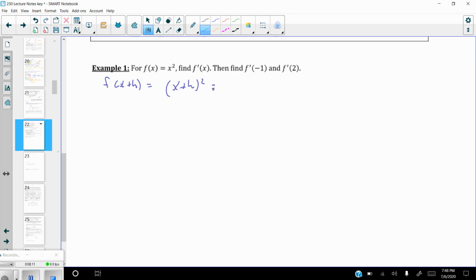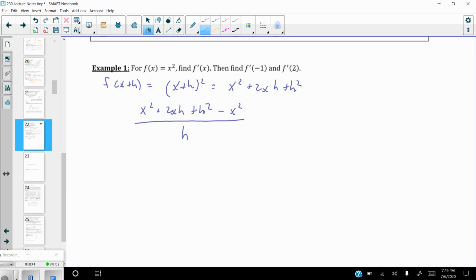If we FOIL that out, which we have done before, x squared plus 2xh plus h squared. So now we're ready to set up the difference quotient. So the difference quotient is f of x plus h, which we just found, x squared plus 2xh plus h squared, minus f of x, which is the original function given to us, x squared, all over h.